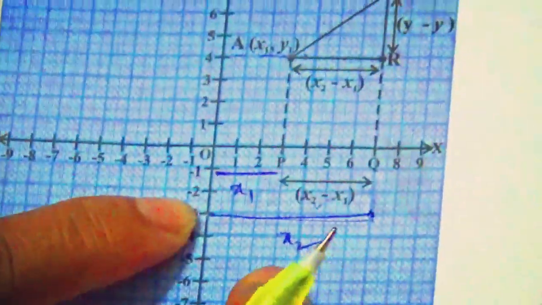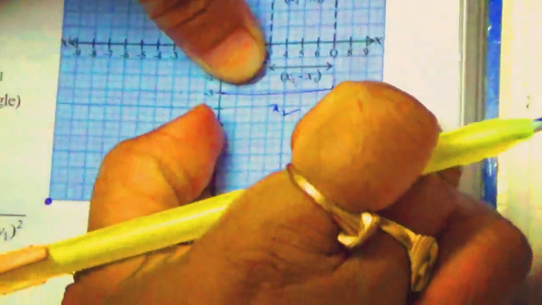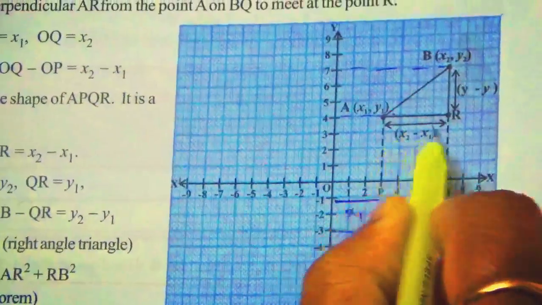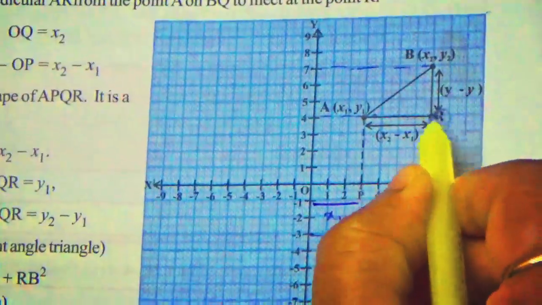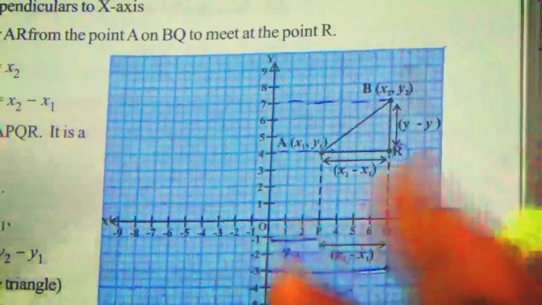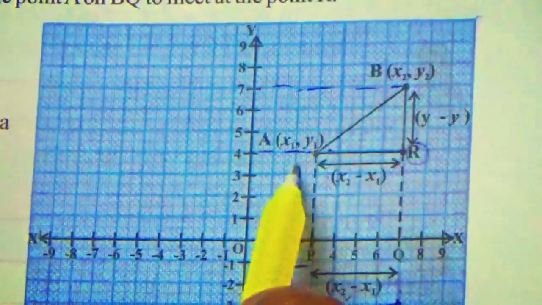Then what is the distance between these 2 points? That is x2 minus x1. That is the distance between these two. Here I am writing R as another point which makes a right angle triangle with AB and AR. The distance AR is x2 minus x1.